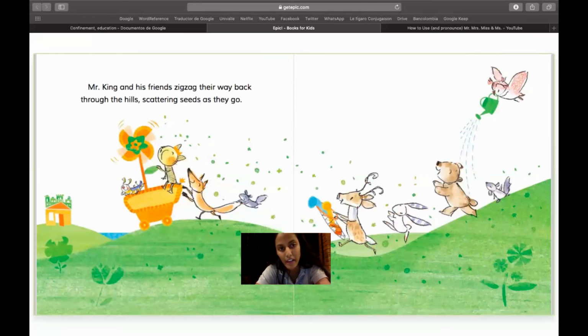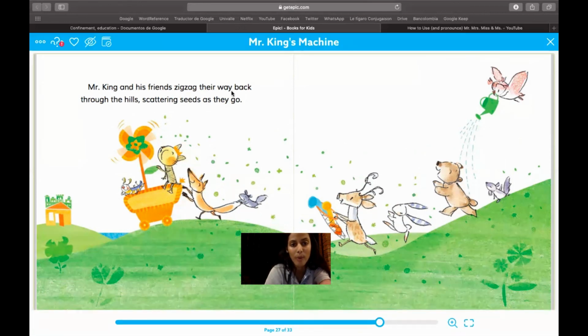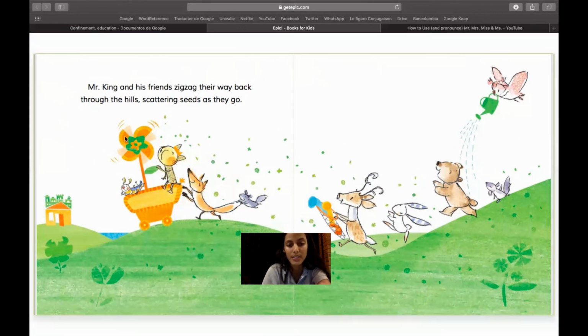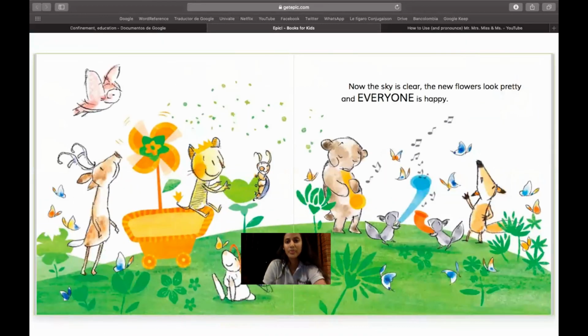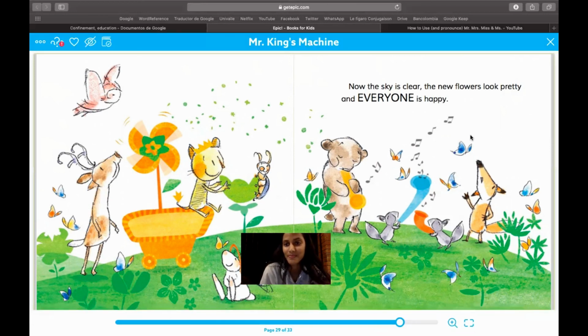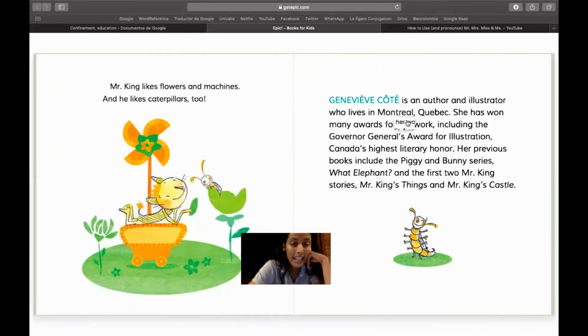Mr. King and his friends zigzag their way back to the hills. The way back to the hills. El regreso, the way back. Scattering seeds as they go. Now the sky is clear. The new flowers look pretty and everyone is happy. Mr. King likes flowers and machines, and he likes caterpillars too.